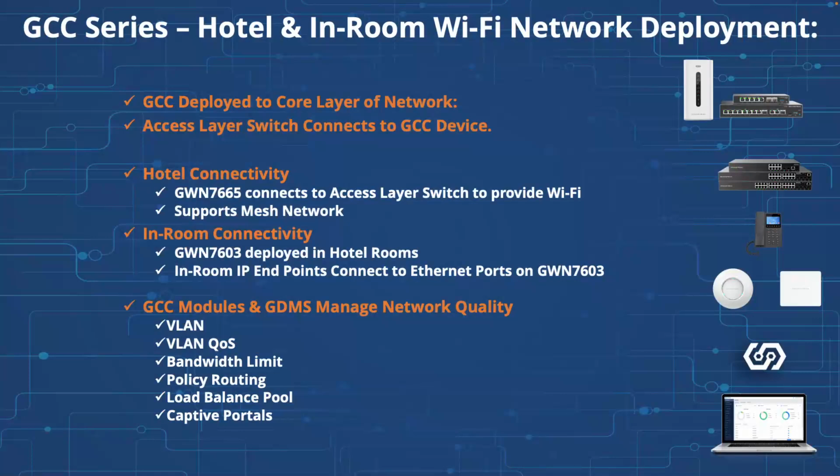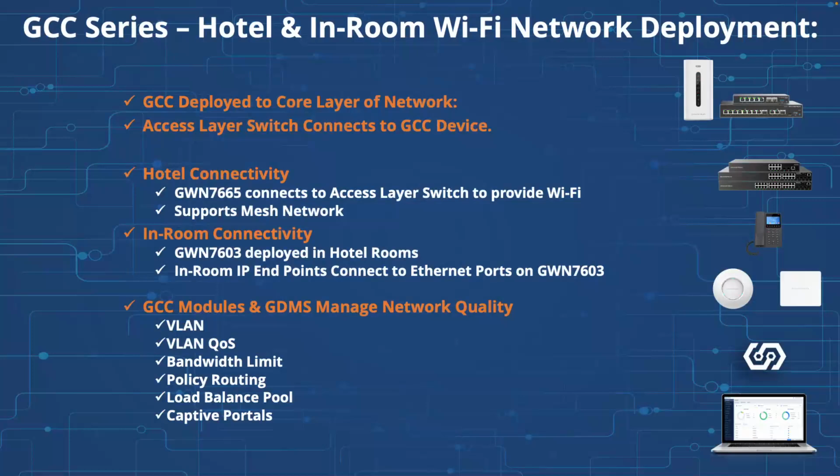And then for the in-room connectivity, we're going to deploy a GWN 7603 to the individual hotel rooms. And the GWN 7603 is a desktop mounted access point with multiple Ethernet ports.